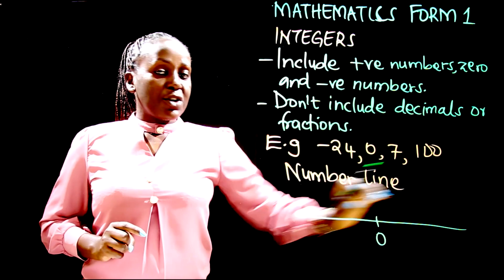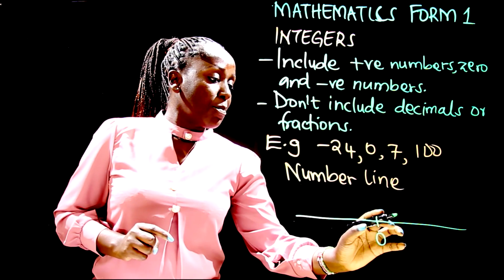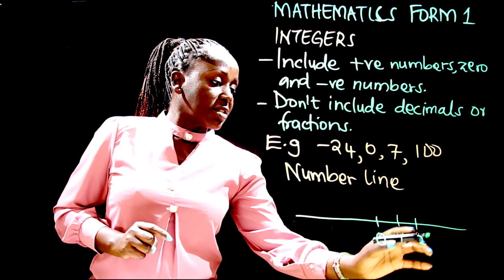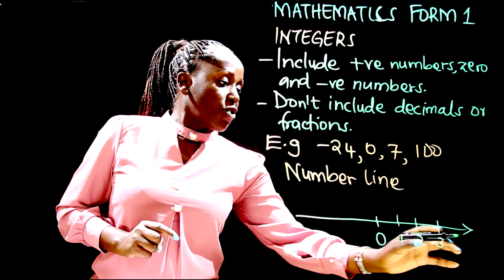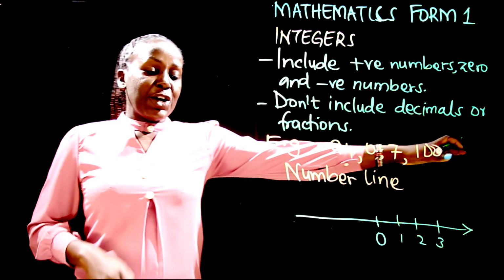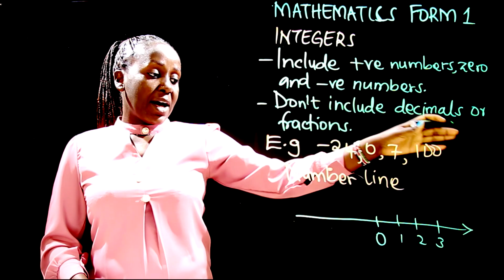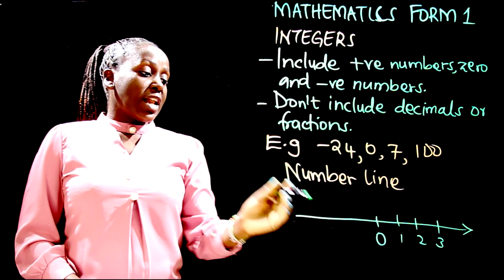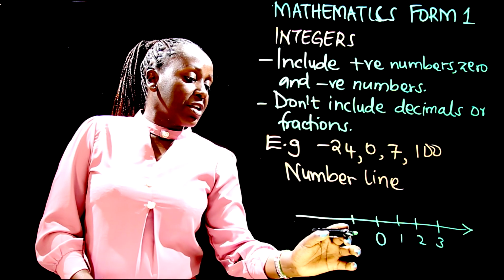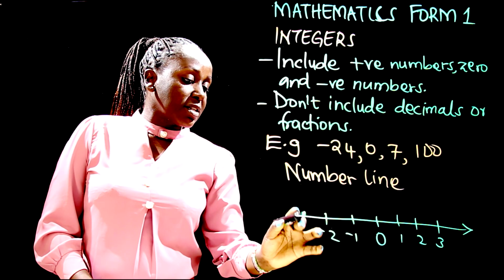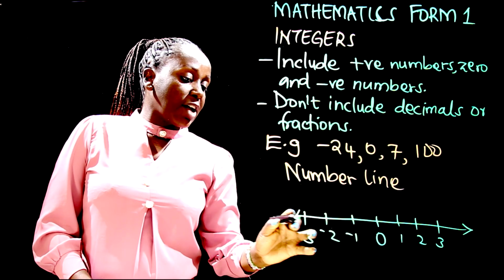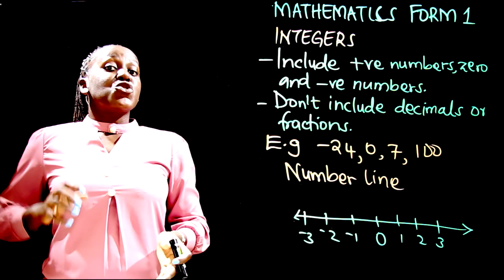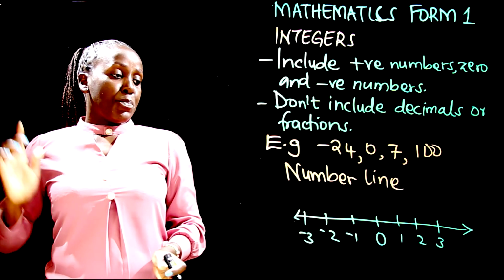To the right of 0 we have positive numbers, okay? So this can go on and on until you get to the highest number possible. Then to the left of 0 we have negative numbers, and this can also go on and on to the least number possible.